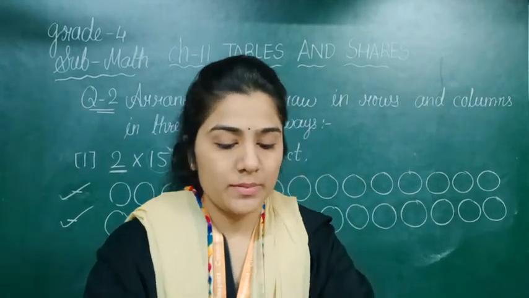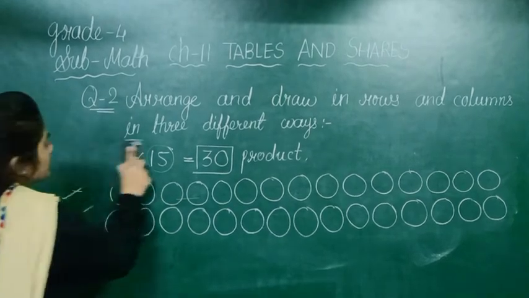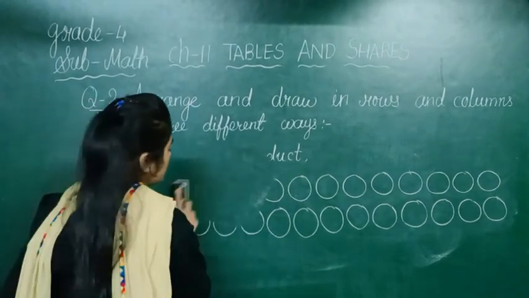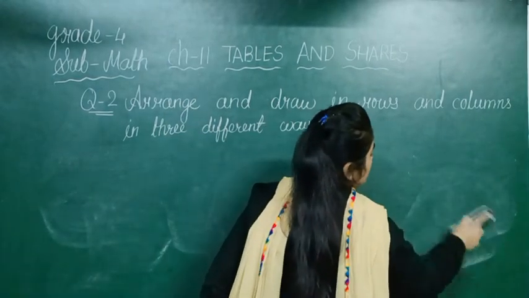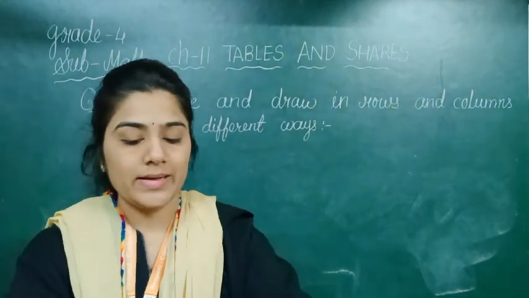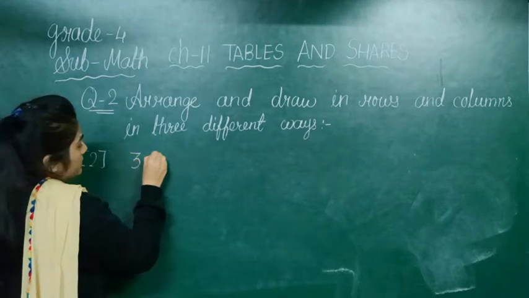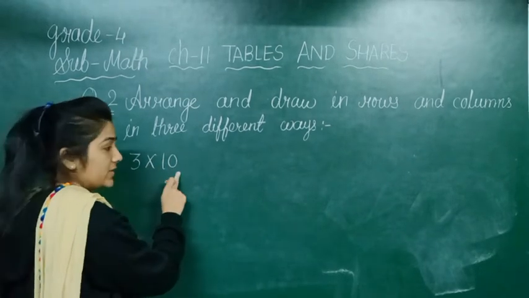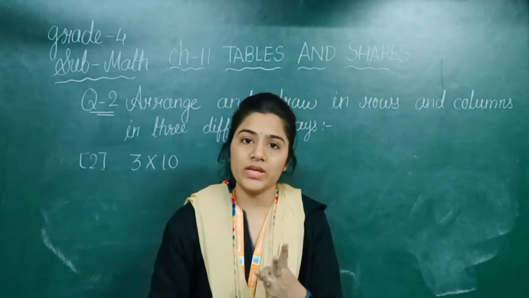Now I am starting question number 2. See, that is 3 tens are. We do the same, but here we take 3 rows.